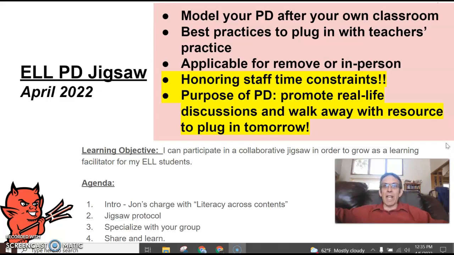I like being able to have those best practices that teachers can plug into their own practice. So that's one of my objectives here, to model what I have going on in my own classroom and what best practices teachers can latch onto to plug into their own practice. I love how it's applicable for remote, sorry for the typo there, or in person.